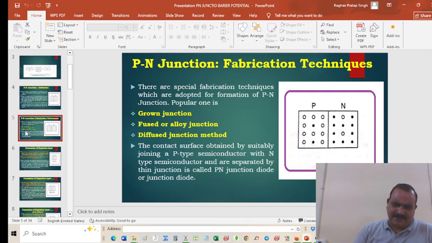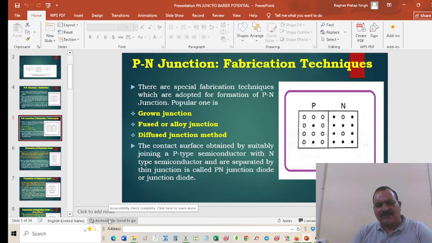The first technique is the grown junction technique. The second technique is fused or alloy junction, and the third one is the diffused junction method. These are the special techniques for how you can fabricate the PN junction diode in a practical way.